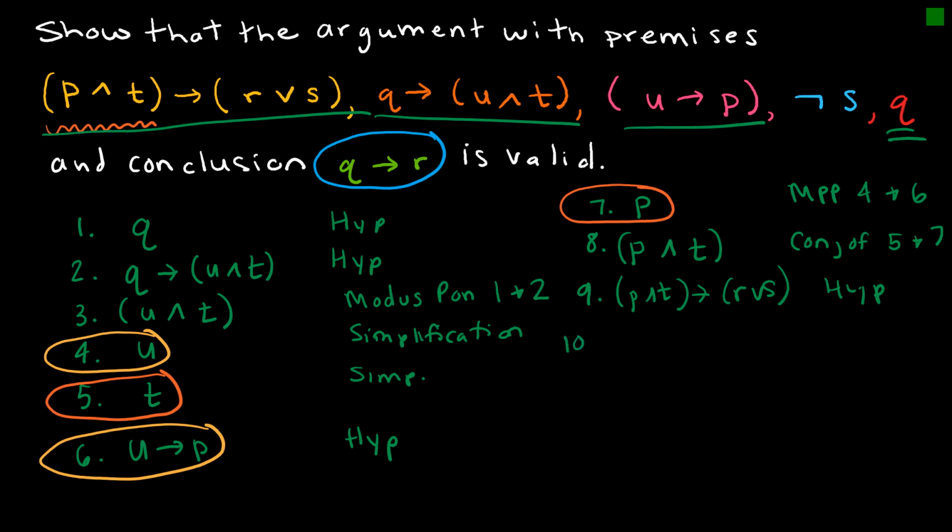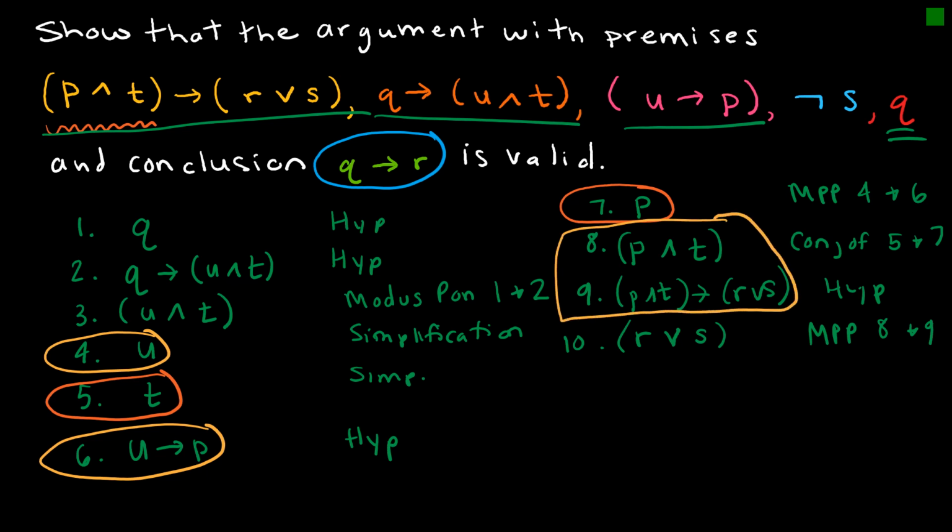Therefore, I can conclude that R, sorry, R or S. And how can I conclude that? Again, good old modus ponens, MPP, using 8 and 9. Again, using these two together.